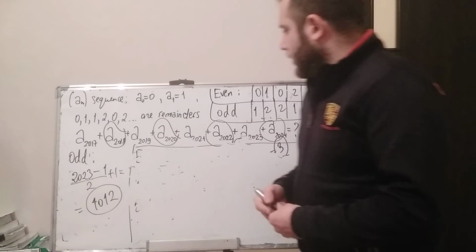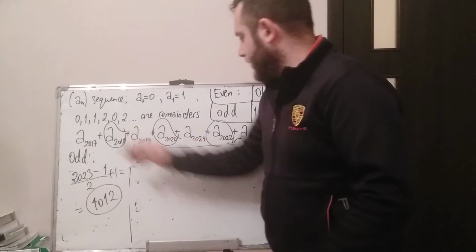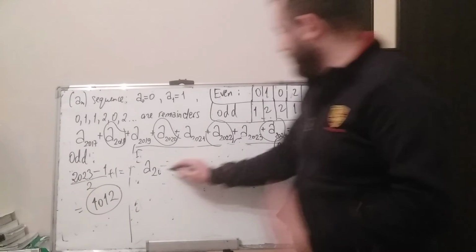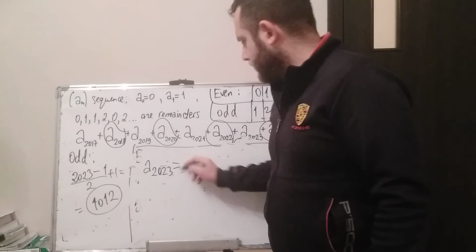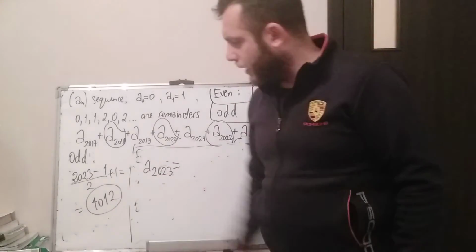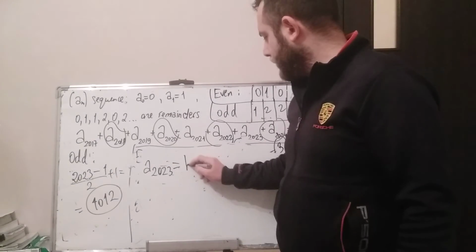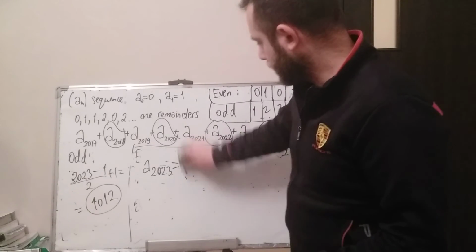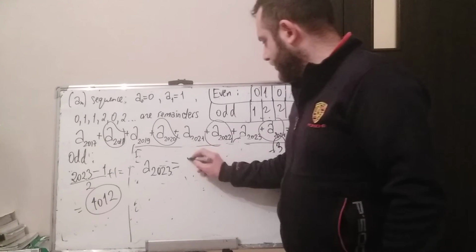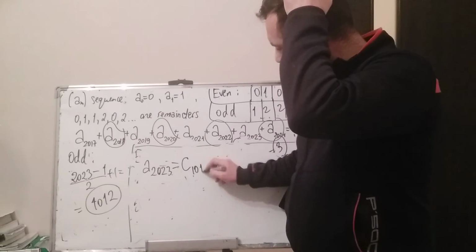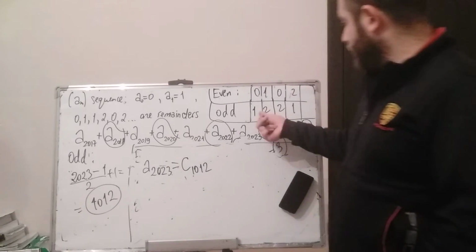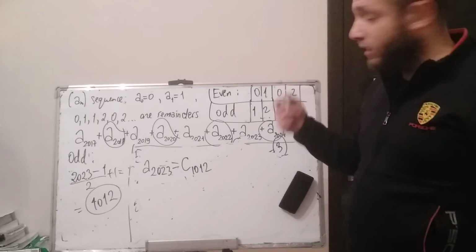So first, let's begin with A 2023 from the end, because the last number is 1012, so it will be C, for example. This is divided by 4, because again patterns repeat every 4 times.